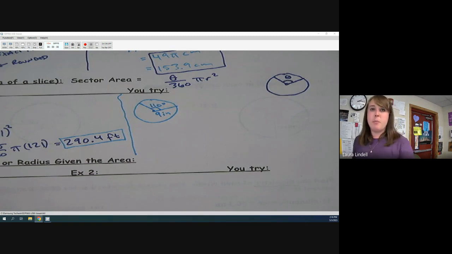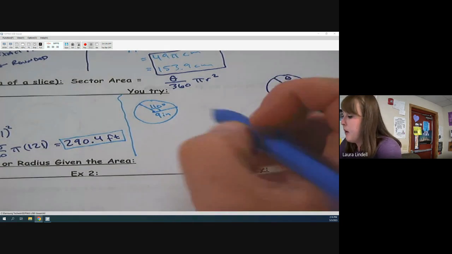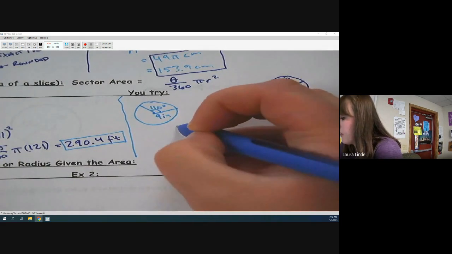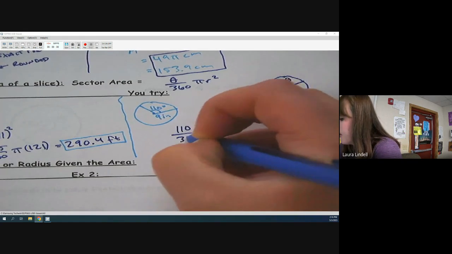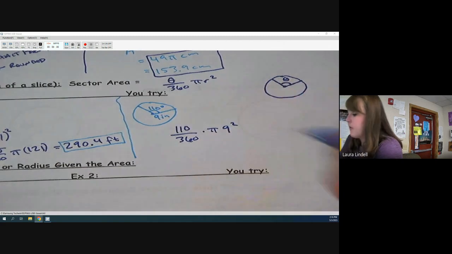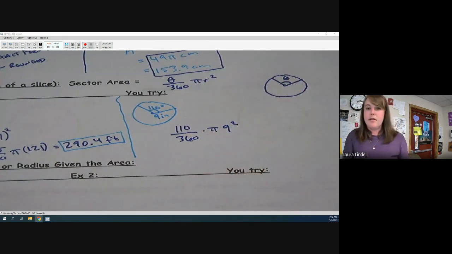All right, hopefully you paused and got a chance to give it a try on your own. Here's how you should do it. So again, on this one, theta is 110 degrees. So 110 divided by 360 times pi times 9 squared, since 9 is the radius.